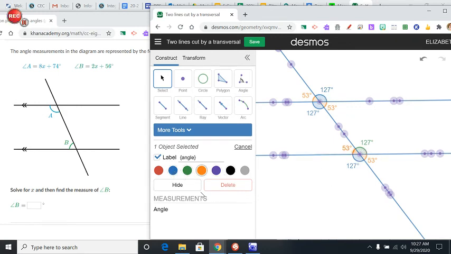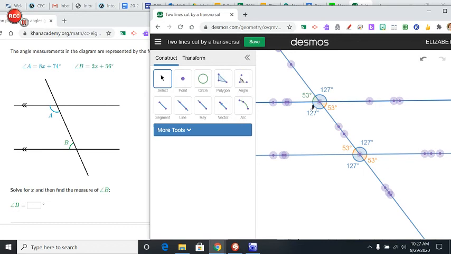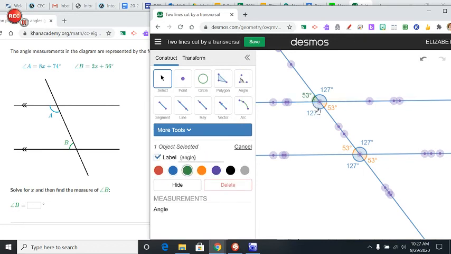So I'm going to return them to the same color. That's going to match the ones that I am turning green right now. Oops, I made this one green by accident.